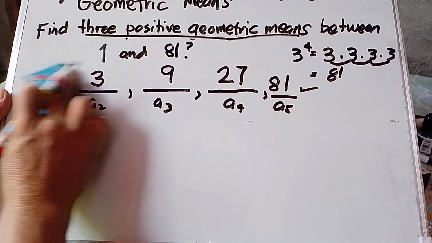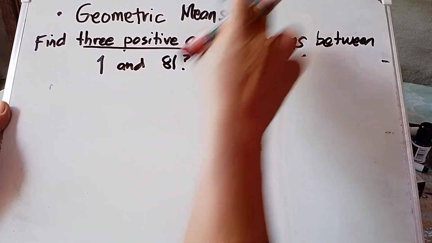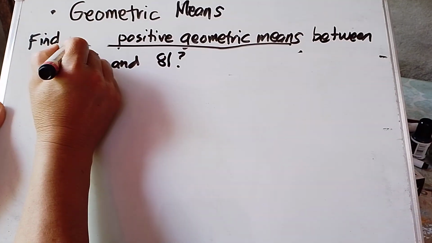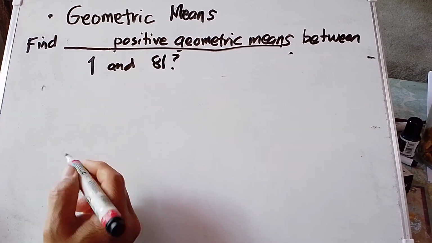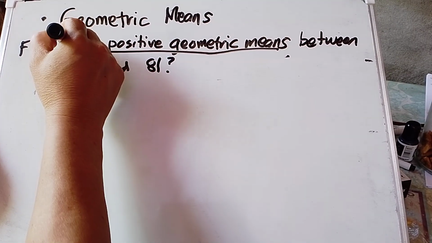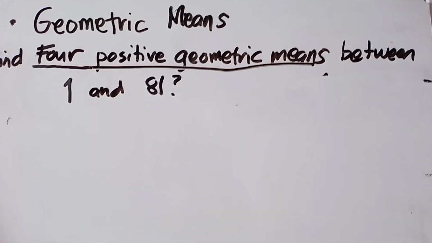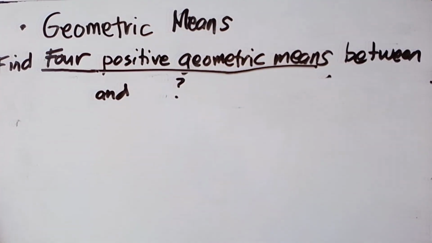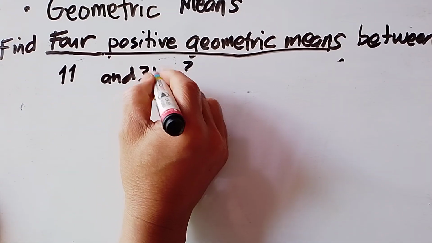Now, let us proceed to number 2. I need to change this one. This will be 4 positive geometric means, between 11 and 352.